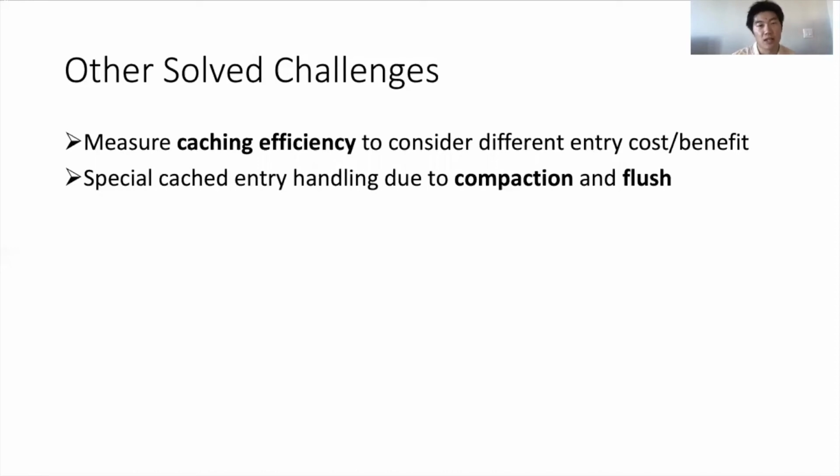There are also operations specific to LSM-based KVS, for example the compaction operation and the flush operation, and we have special handling logic. The design details are in the paper too.